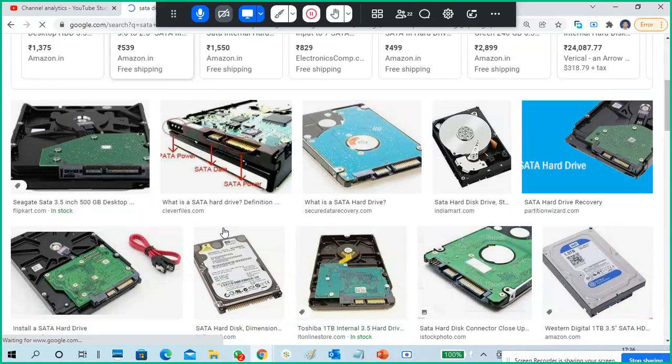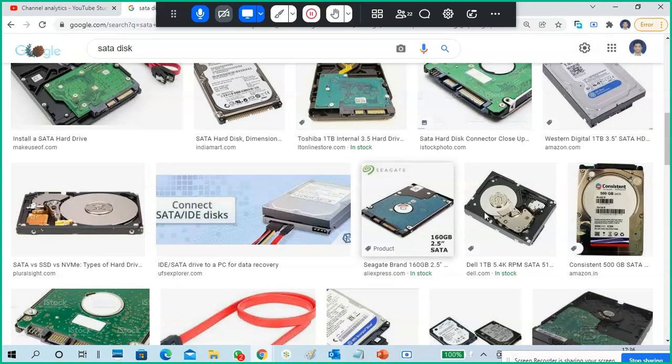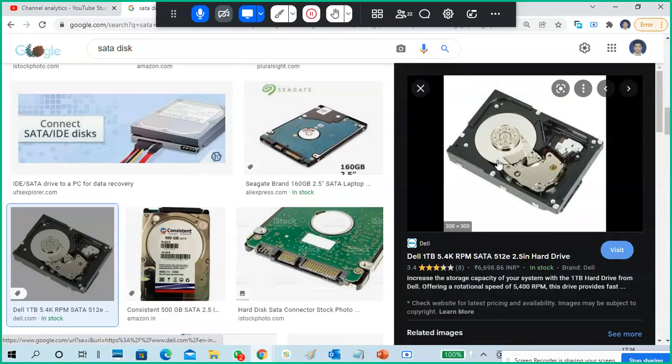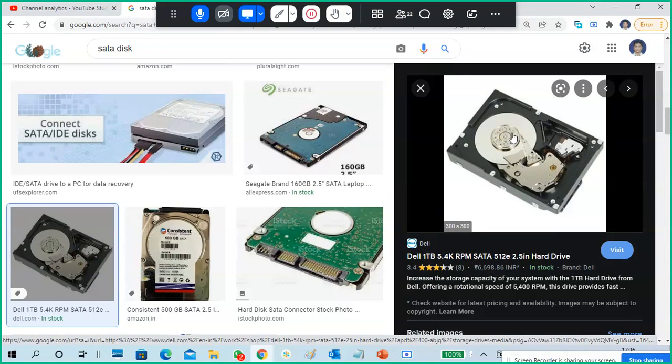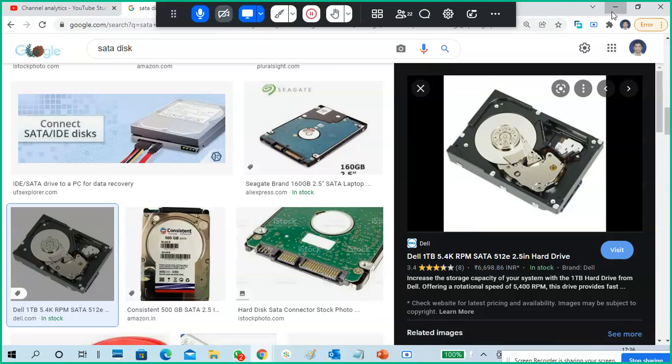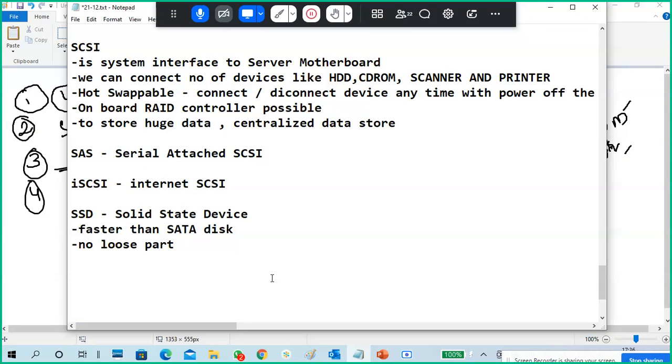Okay, so you can see the internal parts of a SATA disk, like this. If you see the platter, magnetic material, and all kinds of stuff are there. So no loose parts compared to a SATA disk. If you drop a SATA disk from your hand, just a fall from a one-foot distance, a SATA disk or a PATA disk will be damaged.